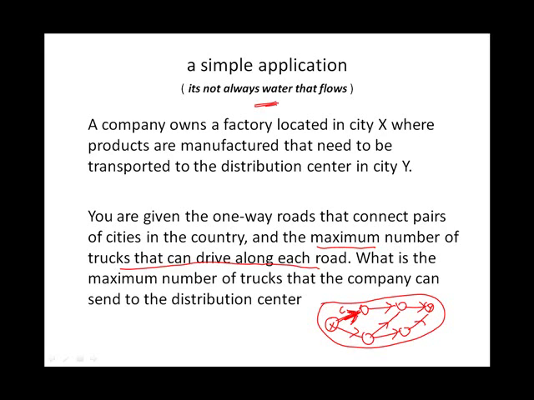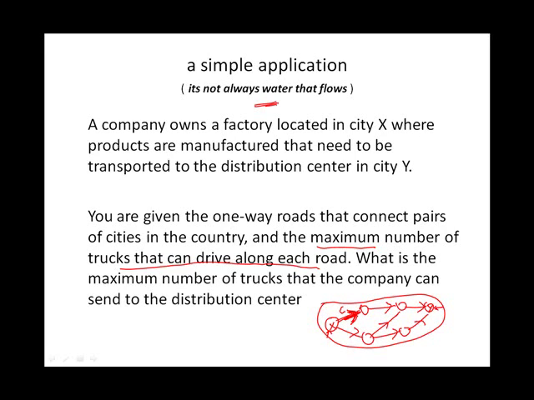Now we can see that this looks like a MaxFlow problem. You are given a network, the factory is the source and the distribution center is the sink, and the number of trucks you send along an edge should be less than or equal to the maximum limit given in the input.